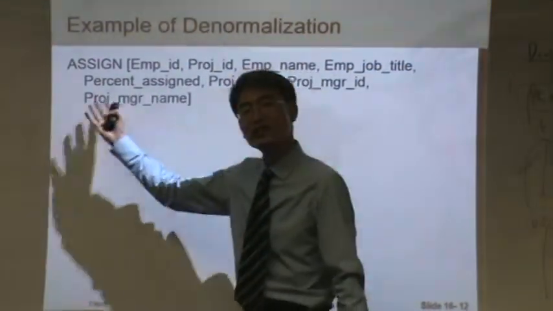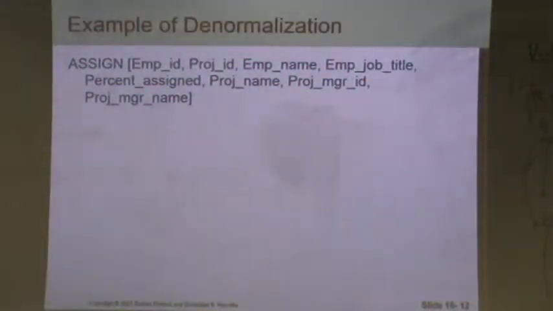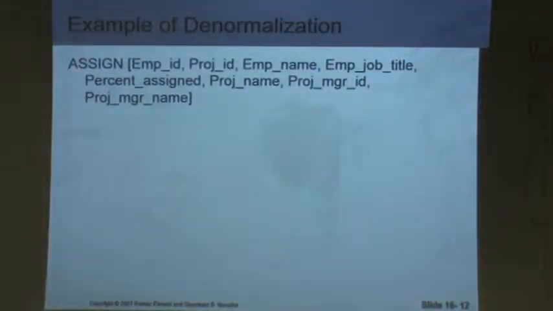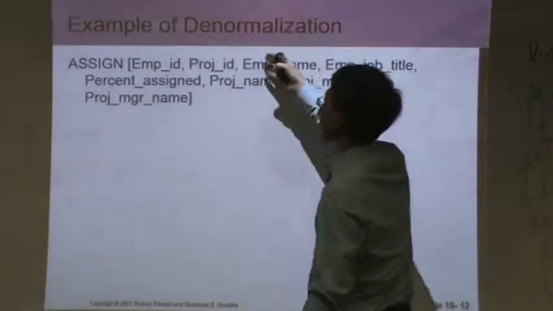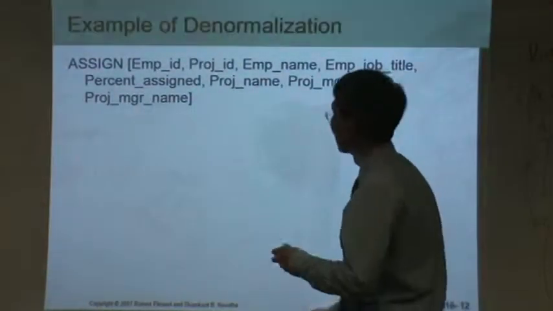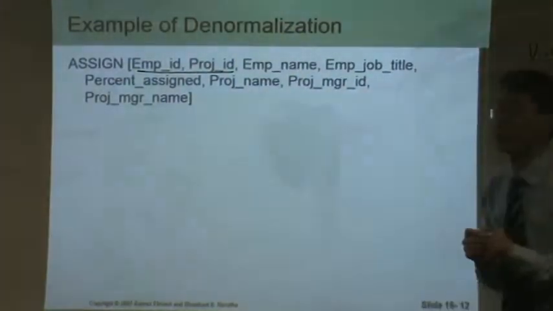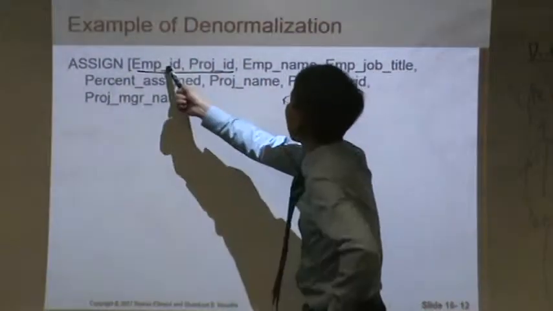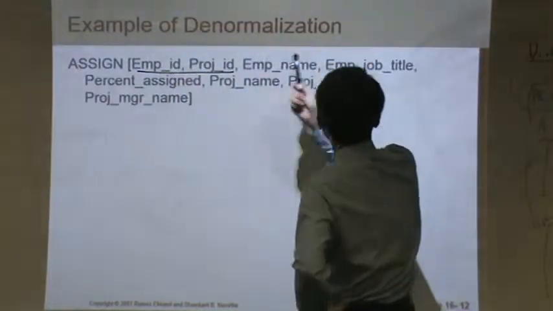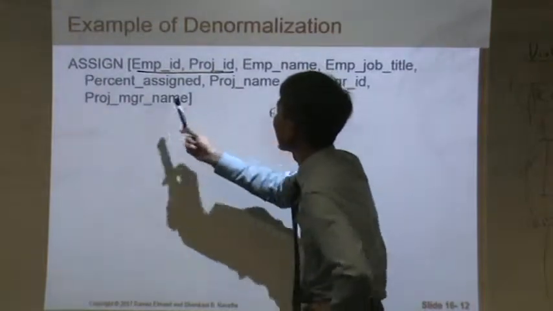What about the first normal form? Probably yes. We are not sure exactly, but probably it's a single value. What about the second normal form? Employee ID and project ID will probably be the primary key, right? Here, employee ID determines this one, and project ID determines project name, manager ID, manager name.